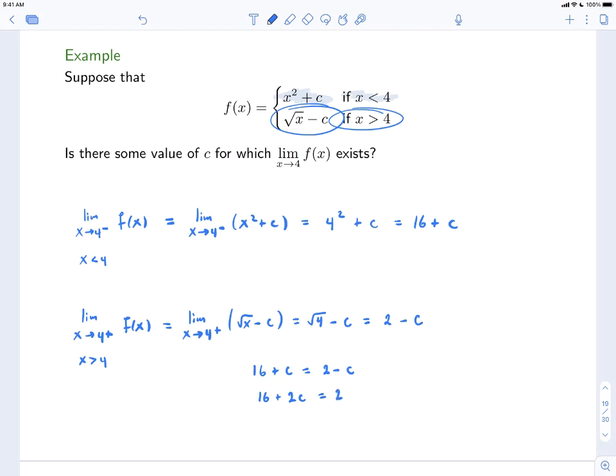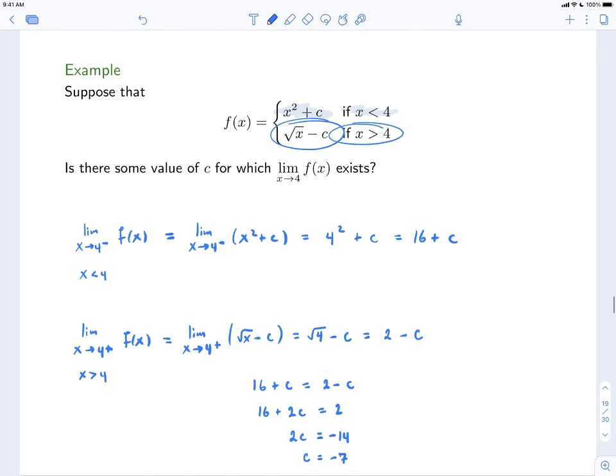And now we subtract 16 from both sides, and we'll have 2c is equal to 2 minus 16, which is negative 14. So divide everything by 2, and you get c equal to negative 7. So what this is telling us is that the left limit will equal the right limit provided c is equal to negative 7.